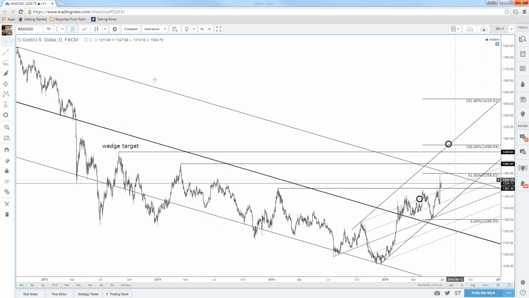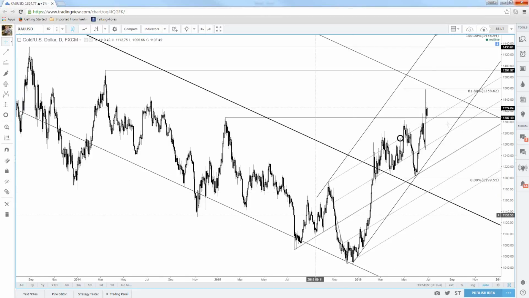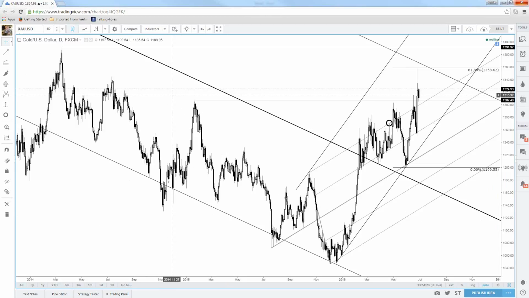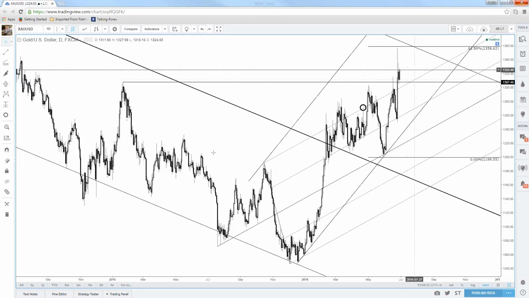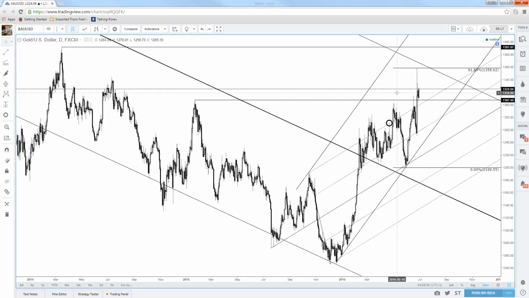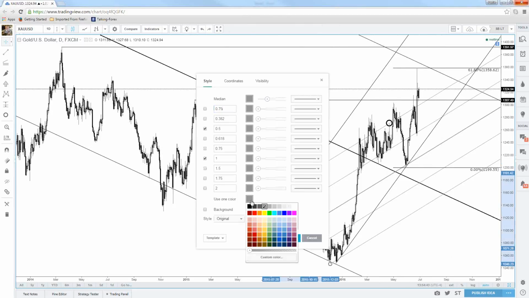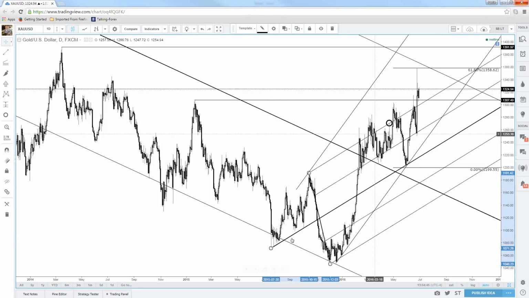So you could get a lot more sideways trading between 1300 and the trend line. In other words, take out the highs, come back to support, et cetera, in order to wash out some of this record speculative long position. But the levels that I would trade are 1300 for support, on this line here.